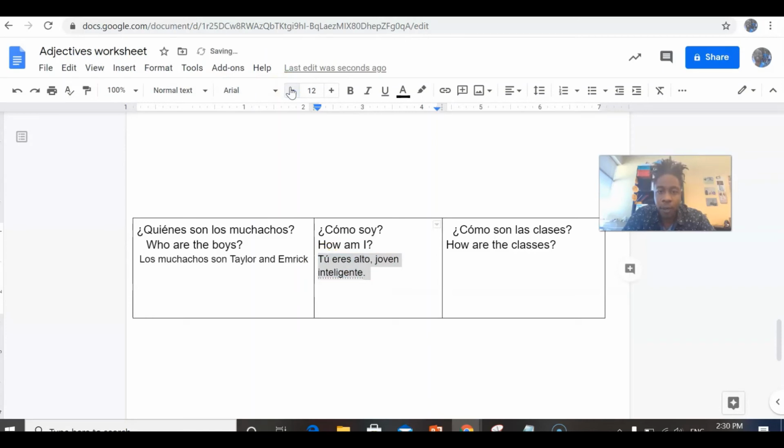And we're going to try one more. All right, the last one is how are the classes? ¿Cómo son las clases? Notice that we have las clases, we have son already in here, so we're going to need both of those in our answer. So we would start by saying the classes.